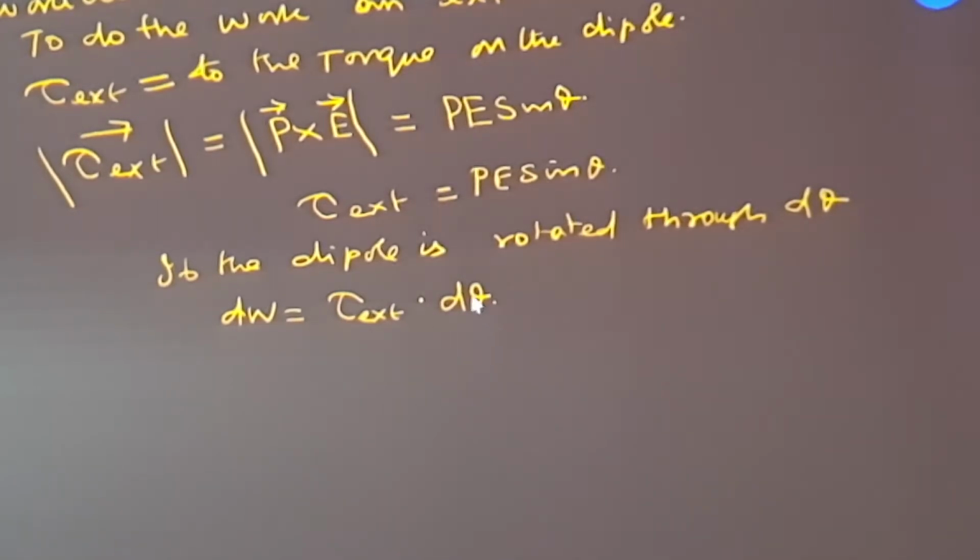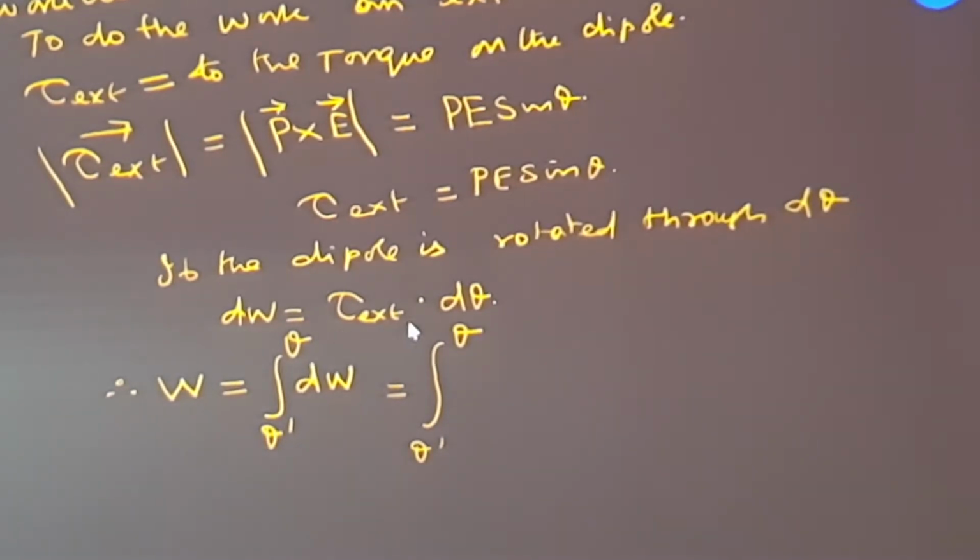Now we know that the initial position is theta dash and the final position is theta. Therefore, I can write the total work done W is equal to the integral of dW, within the limits of the initial position theta dash to the final position theta. What is this tau external? Tau external is given by the value PE sin theta multiplied with d theta.